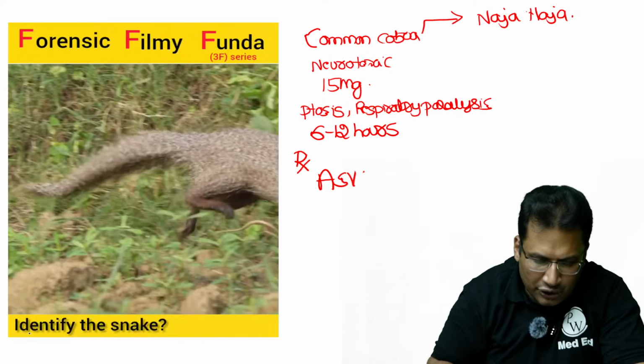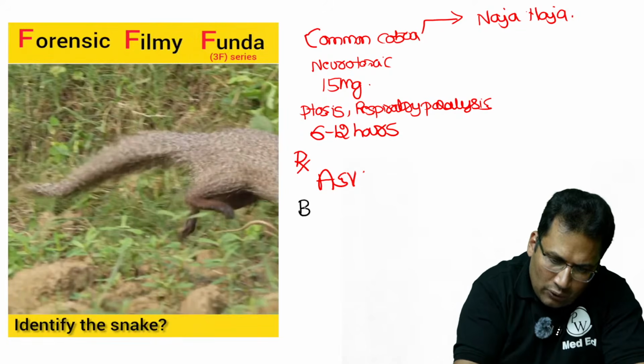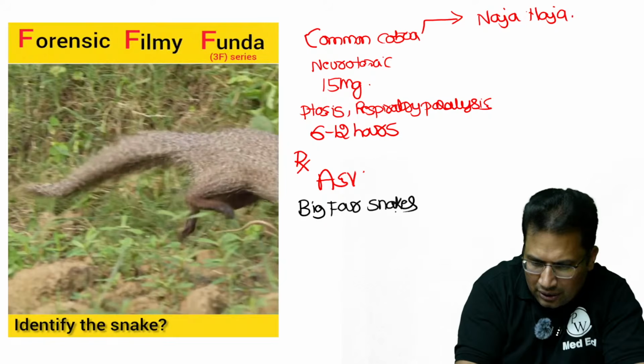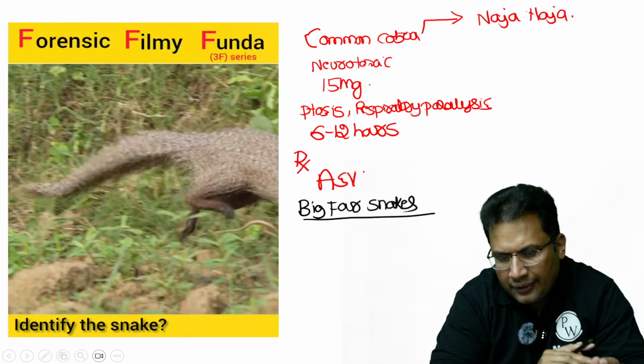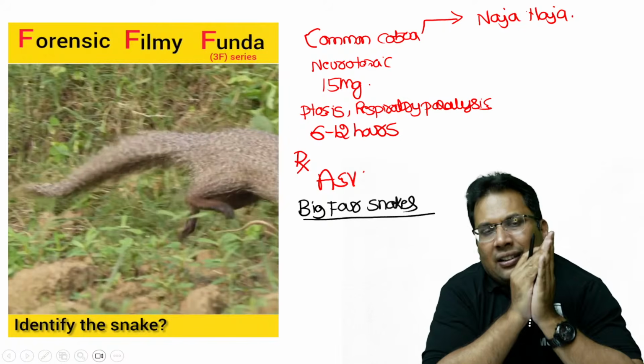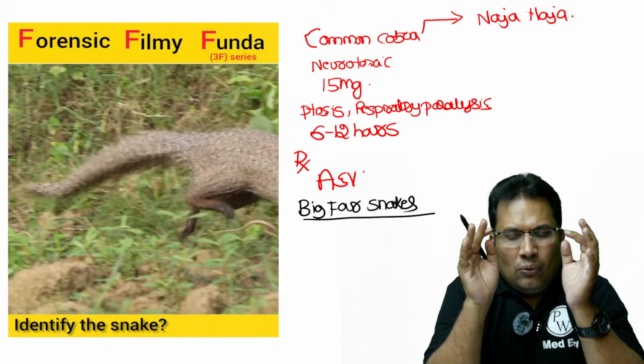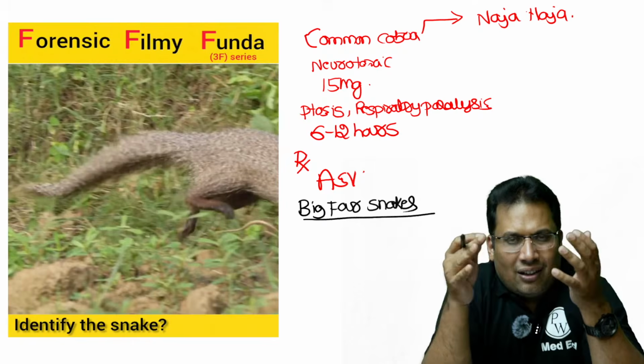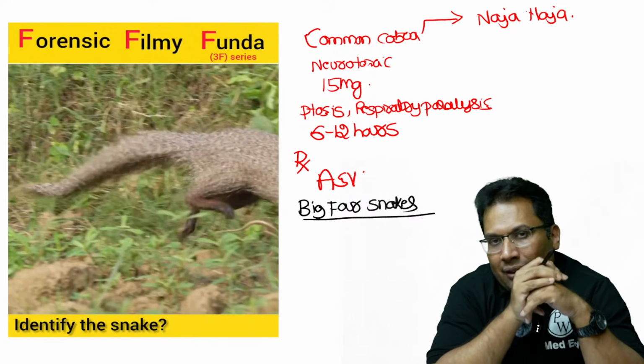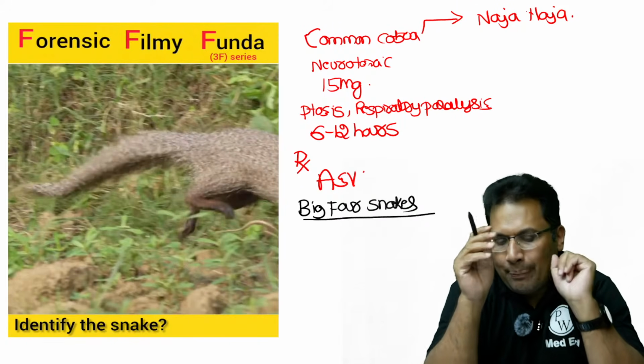Okay. And again, question can be asked, what are big four snakes? Yes, guys. In forensic, they can ask you in Viva, what are big four snakes? There are 2 neurotoxic and 2 vipers.